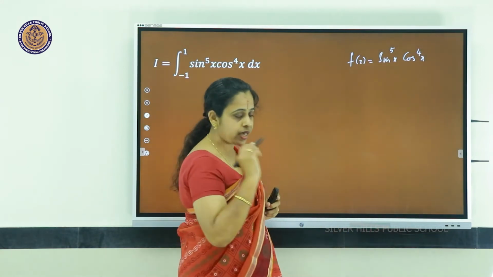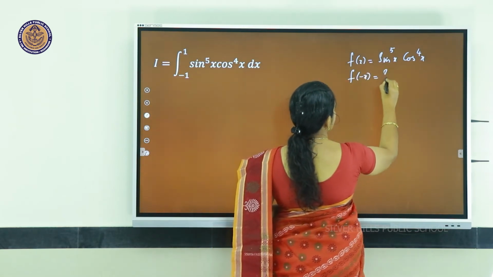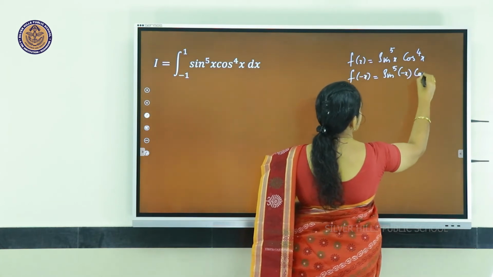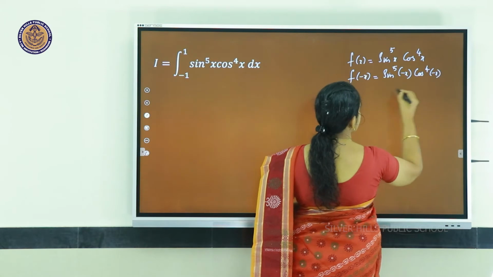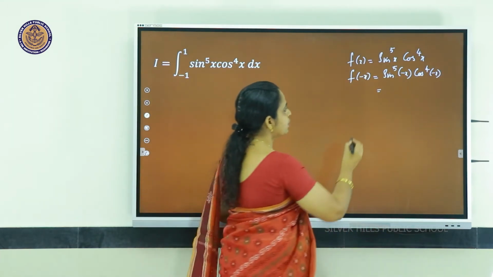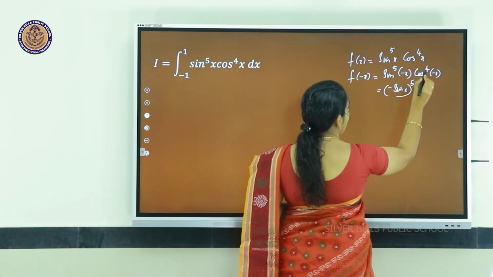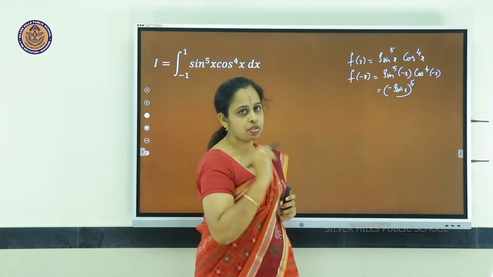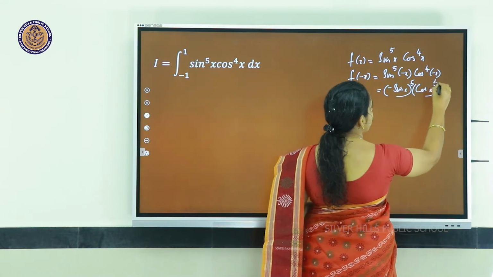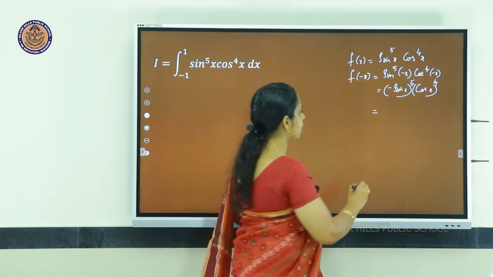Let us give minus x. F of minus x equal to sin raised to 5 of minus x, cos raised to 4 of minus x. Sin minus theta is minus sin theta. So, minus sin x raised to 5, and cos of minus theta is positive cos theta. So, cos x raised to 4. This will become minus to the power odd power, negative again.